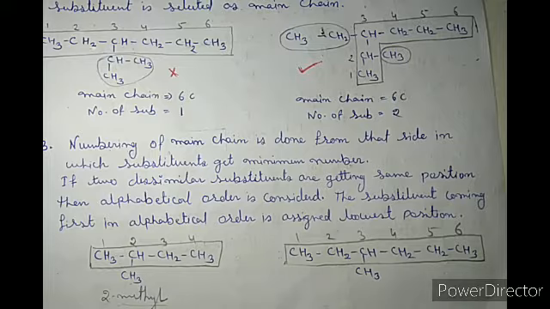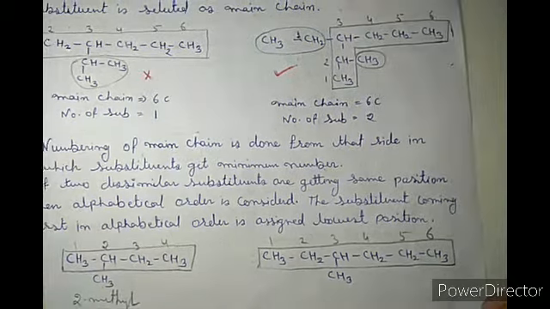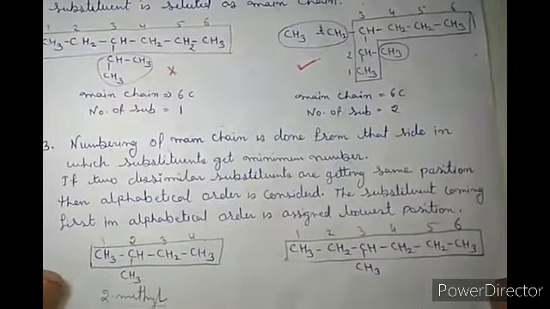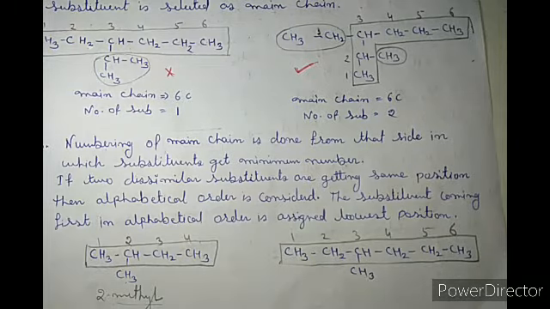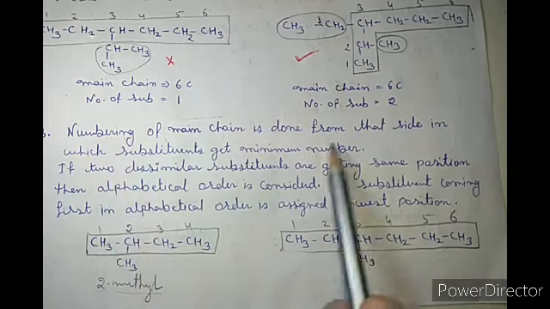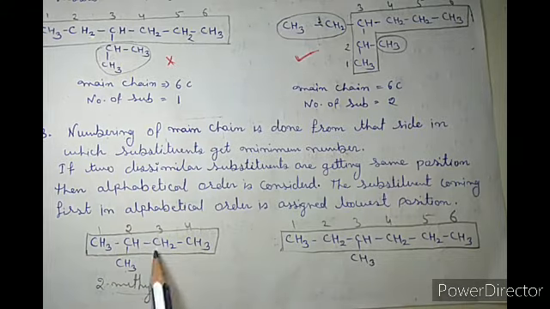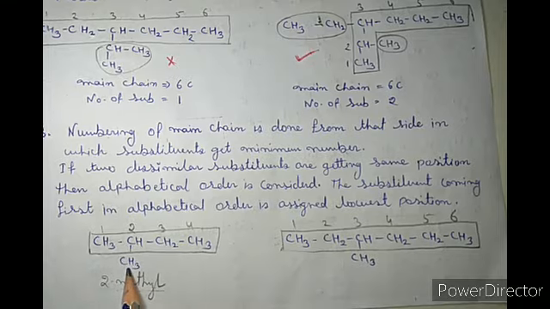The numbering of the main chain is done from that side in which the substituent gets the minimum number. That side is selected for numbering. Got it? First, let us discuss that point. This is a chain. Methyl group is attached here.